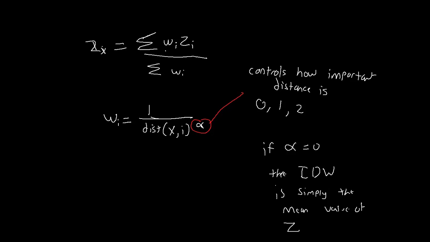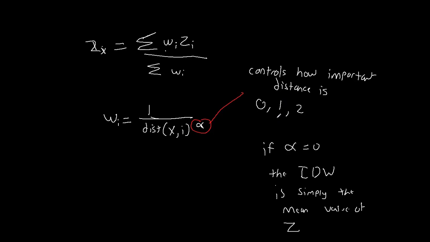Again, if we make alpha 0, then this whole thing down here goes to 1, which makes each w sub i go to 1, which makes this equal to the number of points that we're considering, and this equal to the sum of the z values. If you divide the sum of the z values by the number of points, you get the mean. We've just collapsed this thing down to be the mean. So if alpha is 0, we don't care about distance at all. Hopefully that makes sense.